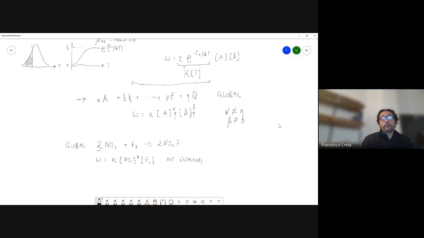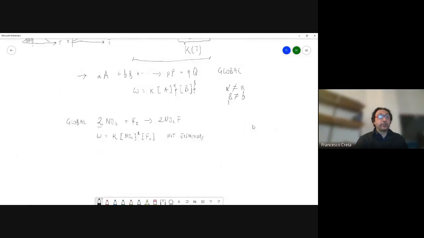So in fact, what we actually have is that this global mechanism is hiding 2 elementary steps, which I'll write now. This is the first one. I'll write down the reaction rate constant here, k1 over the arrow.